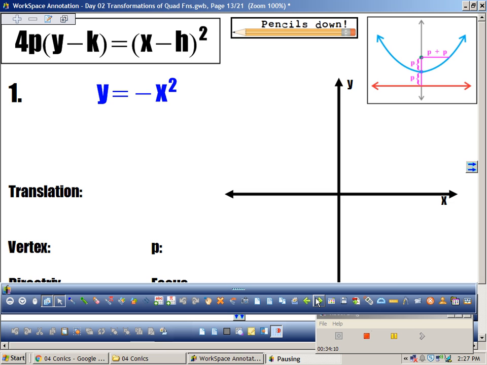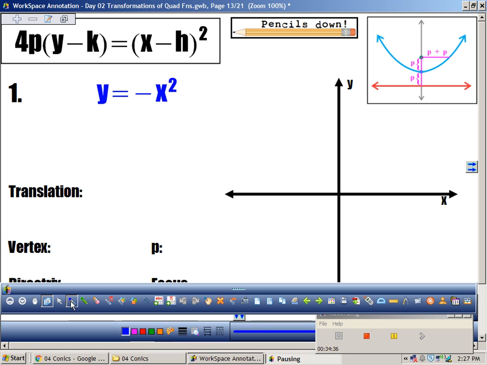So just by looking at this, I should be able to say to myself, this is a parent graph that's pointing down, right? But we're going to be a little bit more specific than that. So first of all, I'm going to want to put in my horizontal and my vertical change.